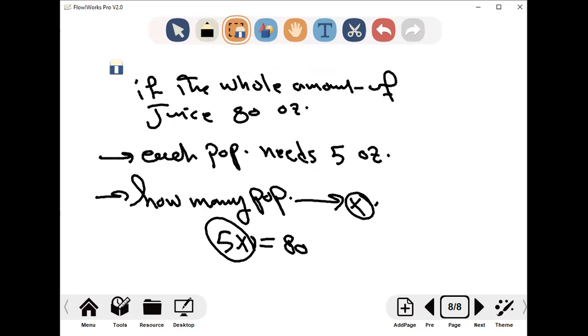Depending on the question, you cannot just assume. Do you know? Give me an example. Here we have 3 things: the whole amount, how many popsicles, and how much each popsicle needs, right? 3 things. One of them should be unknown. One of them.